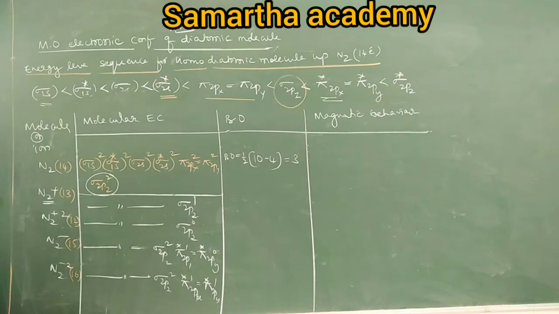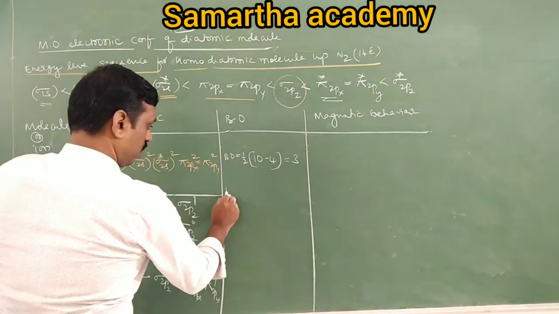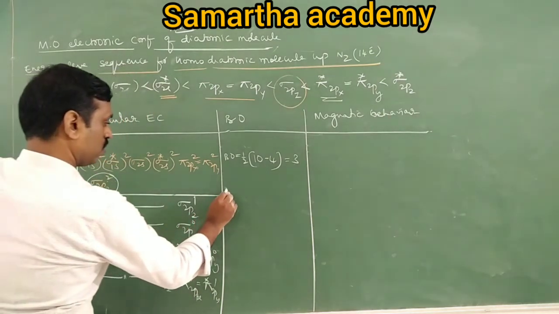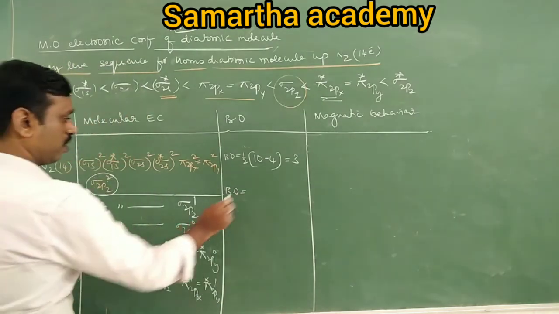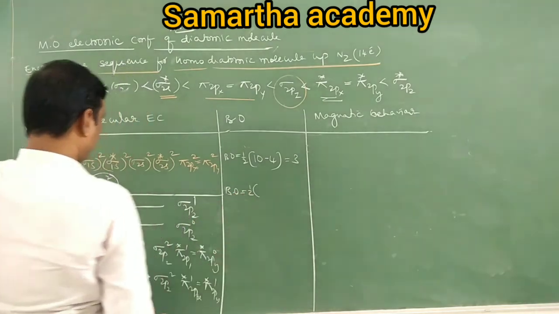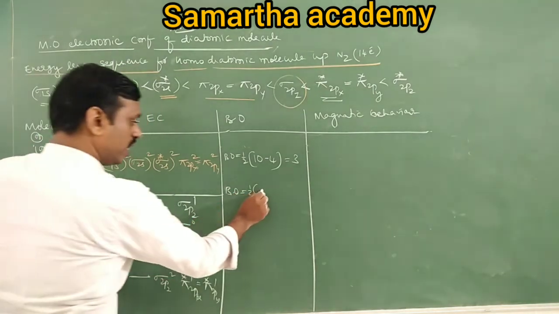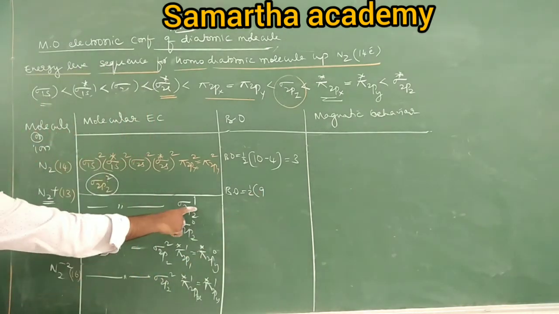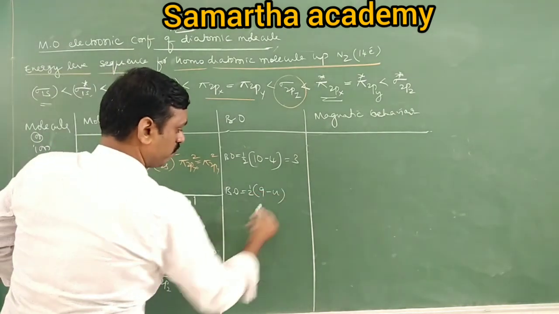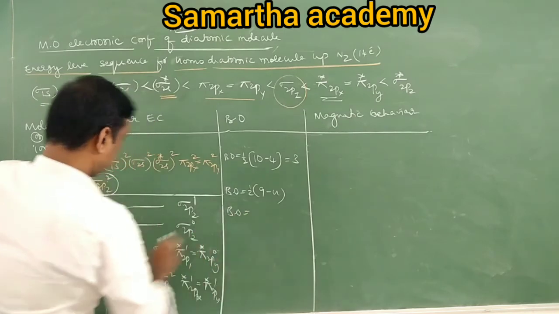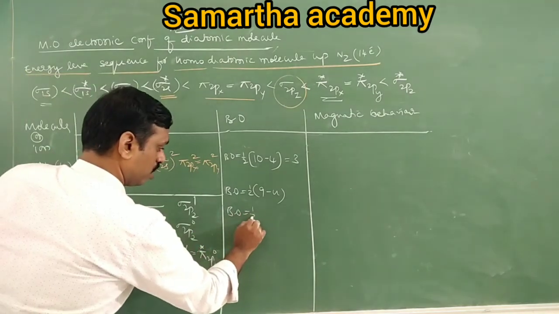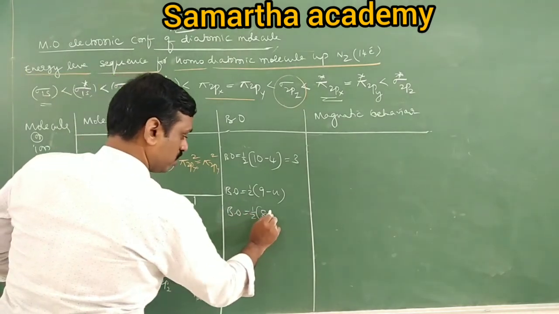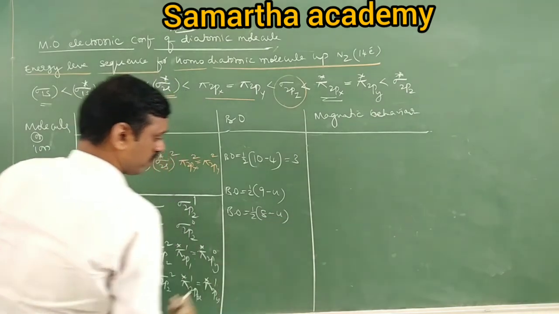Now what about the bond order here? It is 9, no? Electron removed from where? Bonding. 9 minus 4. Next, N2 plus 2: 2 electrons removed from bonding, 8 minus 4.